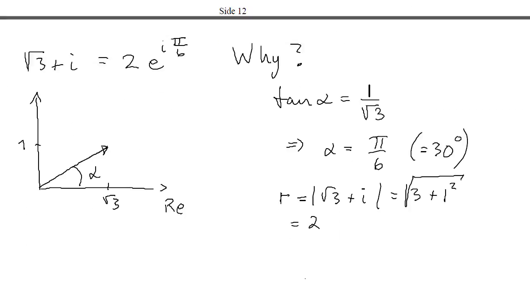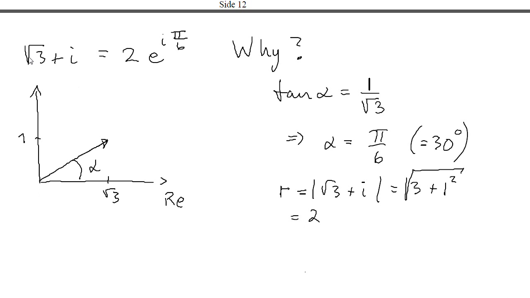Okay, let's turn to some other aspect of the previous example. Why is the square root of 3 plus i equal to 2 multiplied with the exponential function of i multiplied with π/6? Well, you see here, if you take the imaginary part and divide it with the real part, you obtain 1 over the square root of 3.